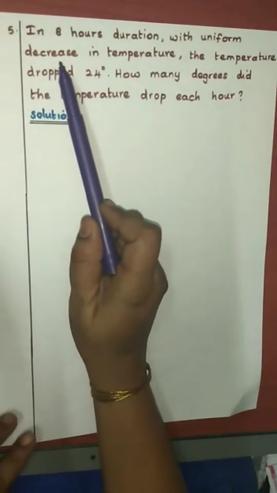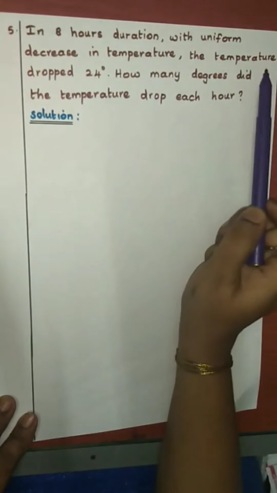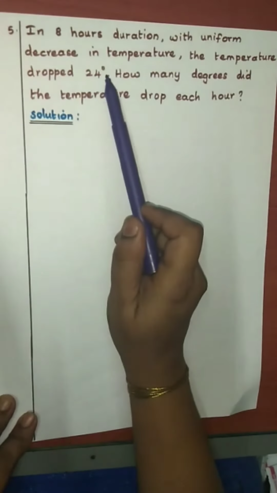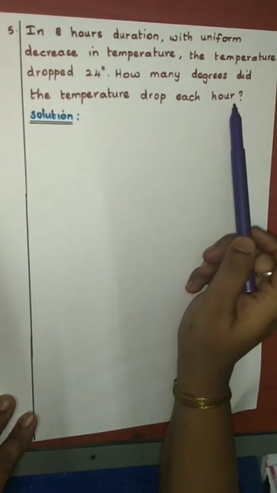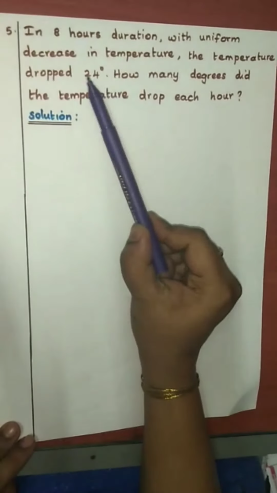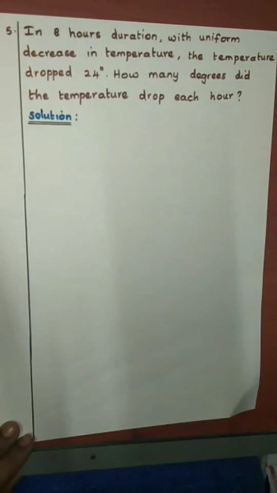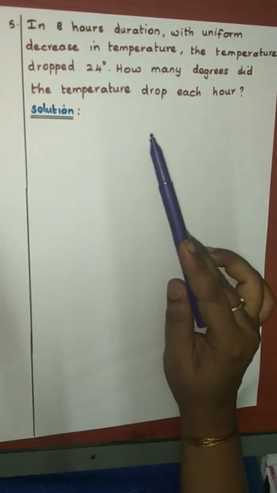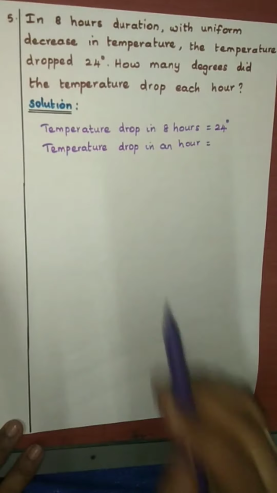Fifth problem, in 8 hours duration, with uniform decrease in temperature, the temperature dropped 24 degree. How many degrees did the temperature drop each hour? So what is given? In 8 hours, the temperature dropped 24 degree. We are asked to find temperature drop in an hour. How to find?